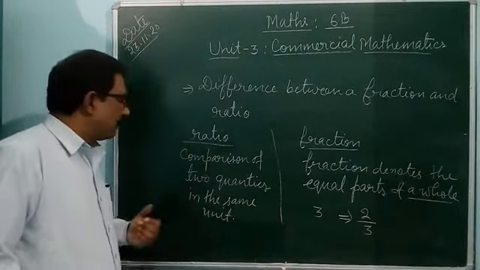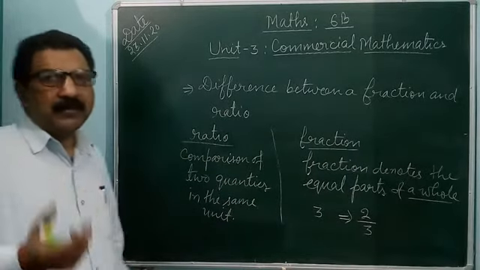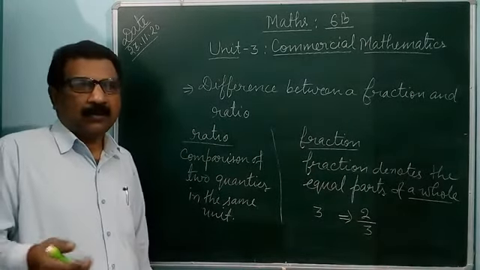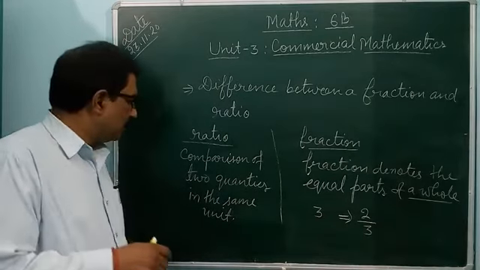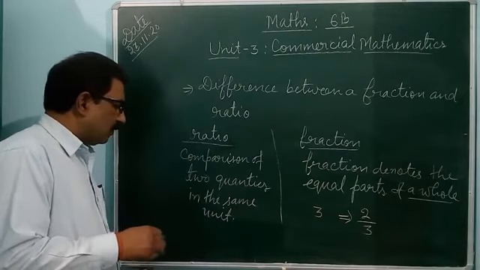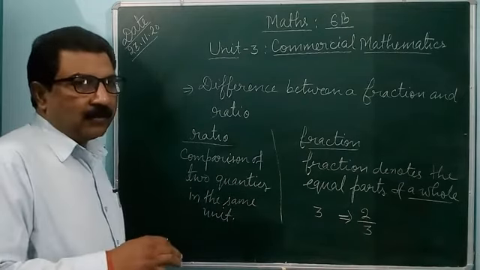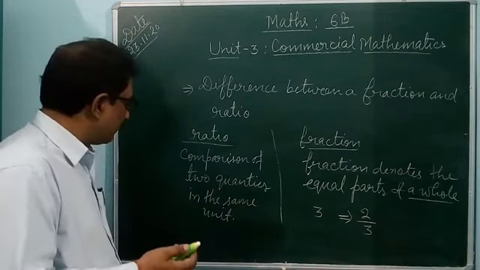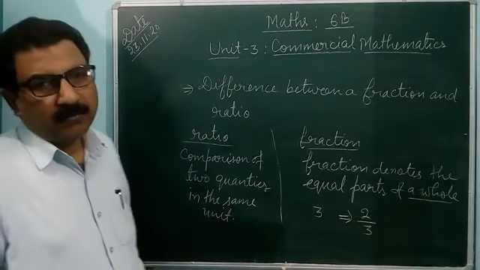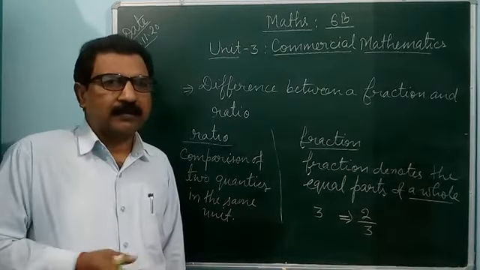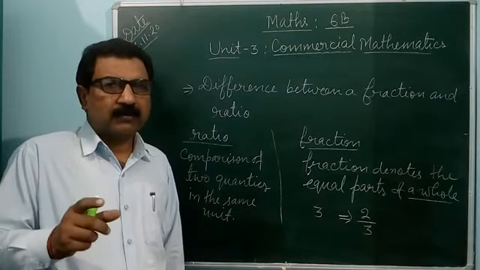But as ratio, we use the items so that we can compare those items to others. It means like 1:10, it's 5 toffees. So it gives the number. But if you are presenting this in quantities, how much they are.